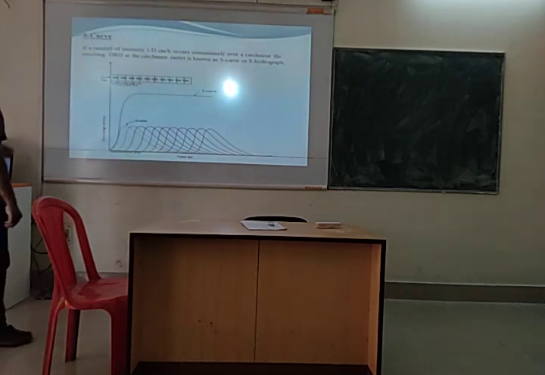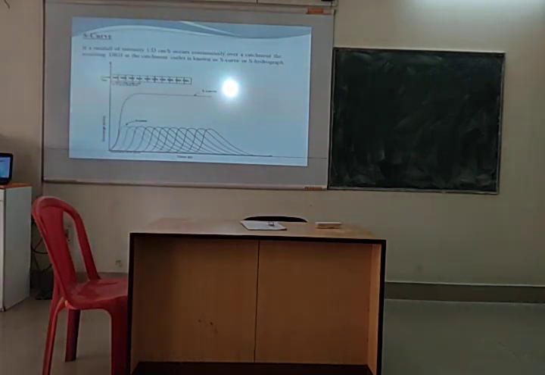So if a rainfall intensity of 1 by D centimeter per hour occurs continuously over a catchment, the resulting direct runoff hydrograph will be the S-curve.